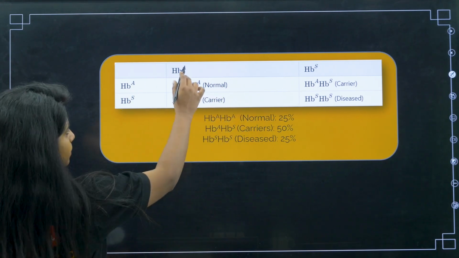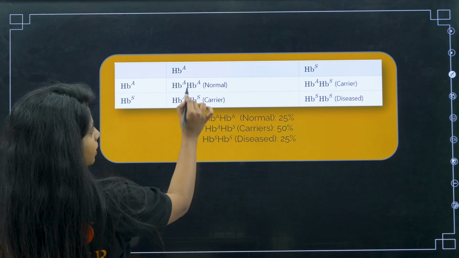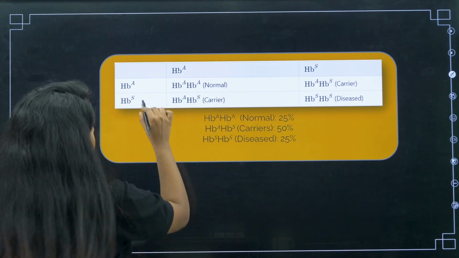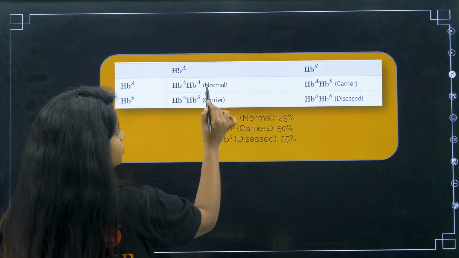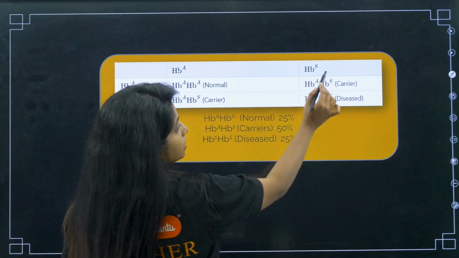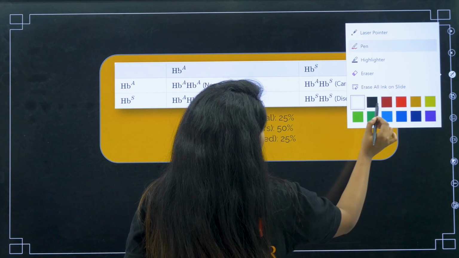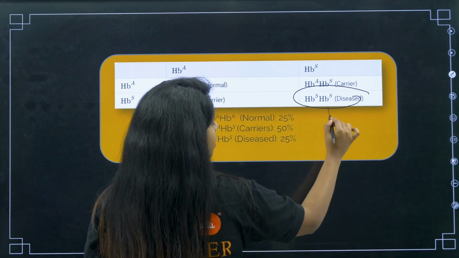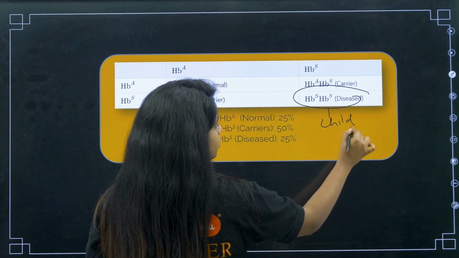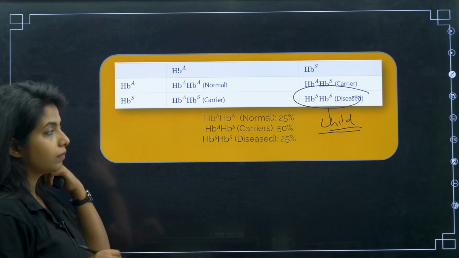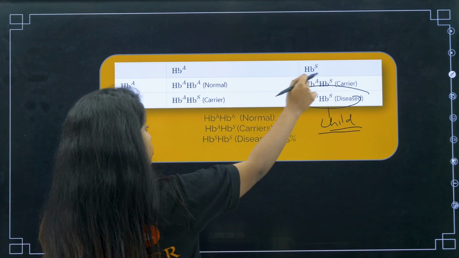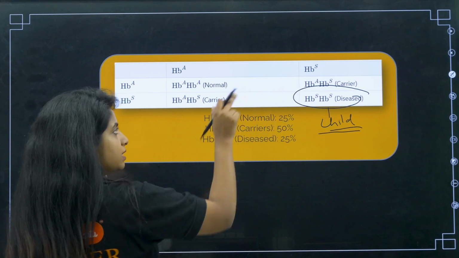So, when you cross this and this, you get this, that is normal. This and this, you get a carrier. Again, this and this, when you cross, you get a carrier. This and this, this is the diseased condition. So, over here, the child had this. And the other children who were there might have any of these things.